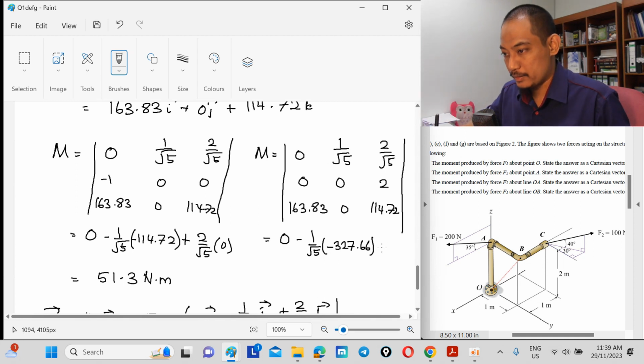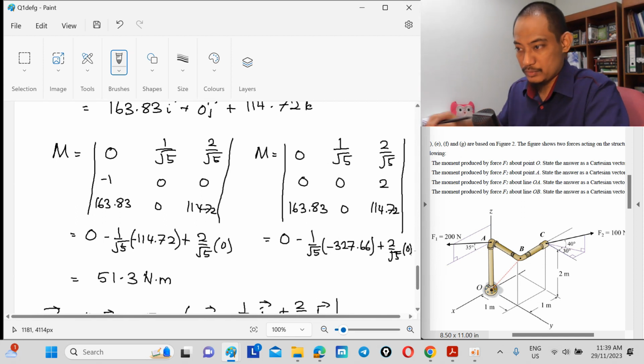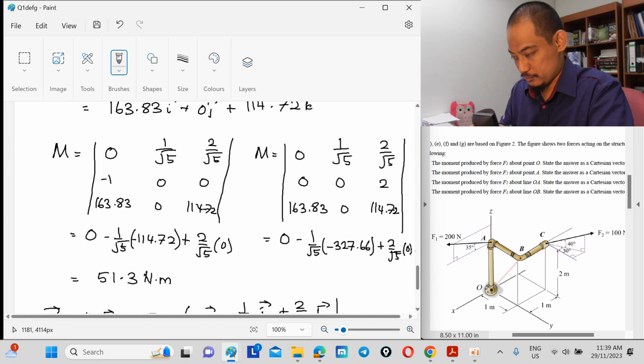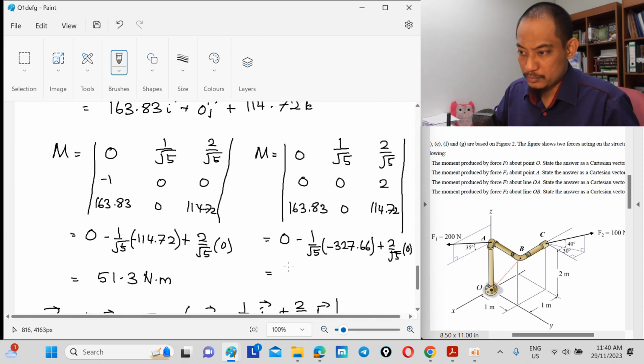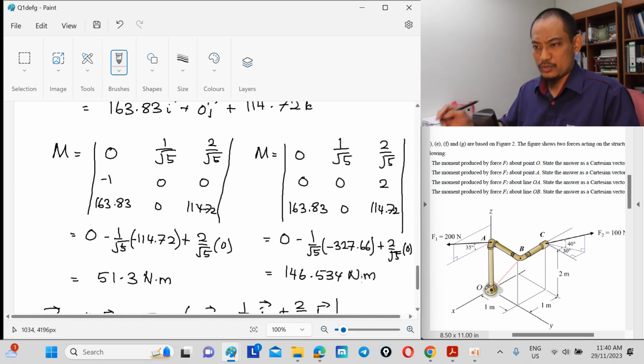And then plus 2 over square root of 5, 0. But this will be different, right? So I think one of these is wrong. 327.66 divided by 5, positive 146.534. Okay, so which one is wrong?